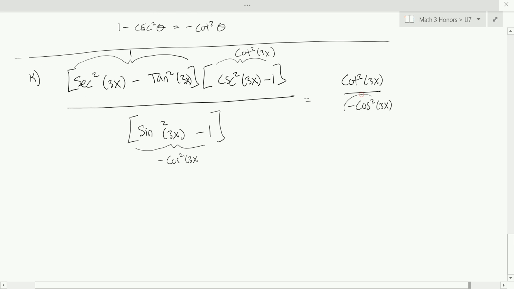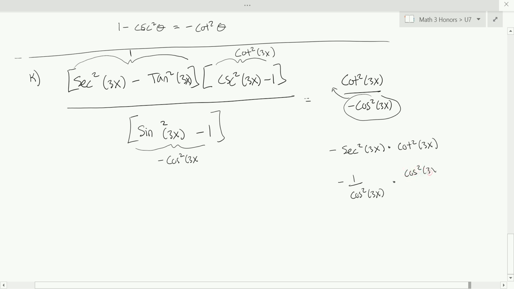I'm going to move this to the numerator. I'll move the negative sign in front. And it becomes negative what? Secant squared of 3x times the cotangent squared of 3x. And then I'll change everything in terms of sine and cosine. And I get negative 1 over cosine squared of 3x times cotangent is what over what?